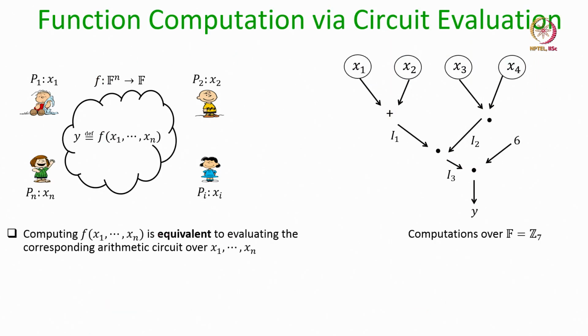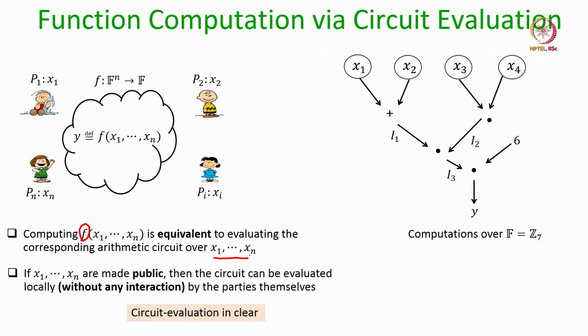Okay. It turns out that computing the function small f over the inputs of the parties is equivalent to evaluating this arithmetic circuit over the inputs x1 to xn. Why so?